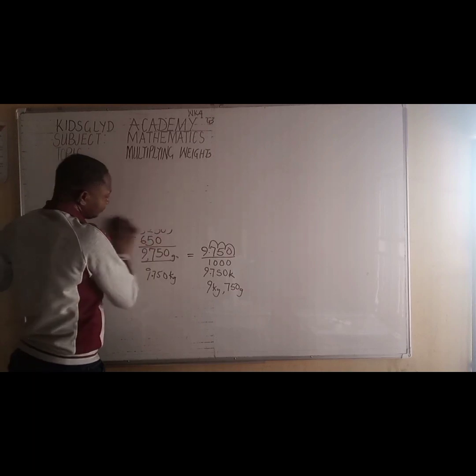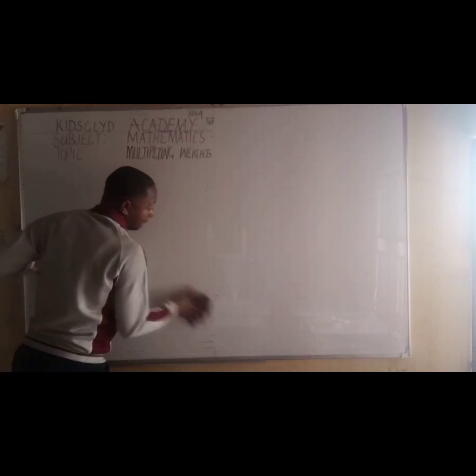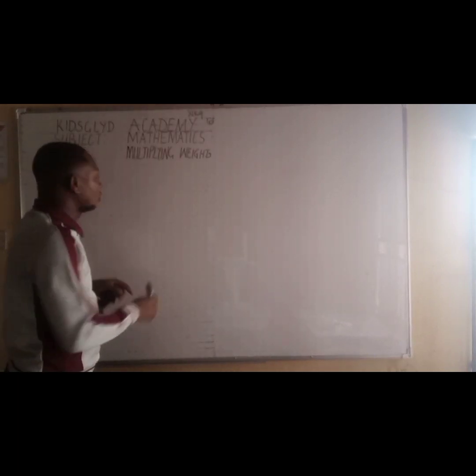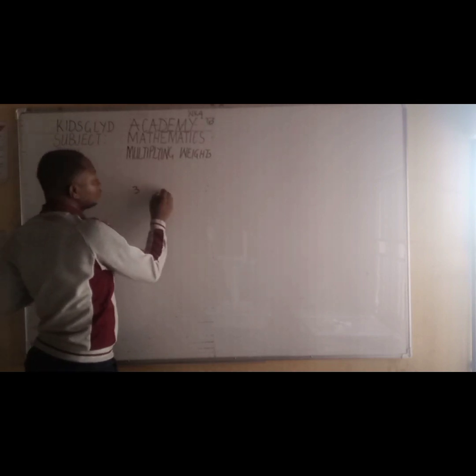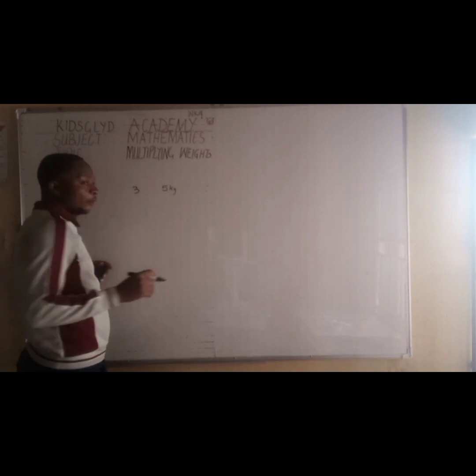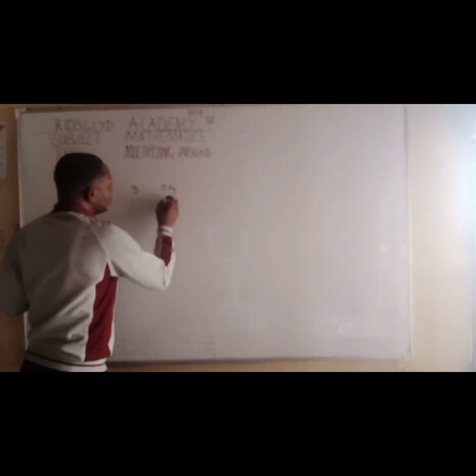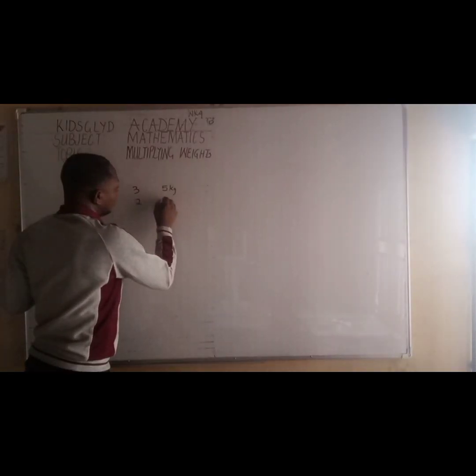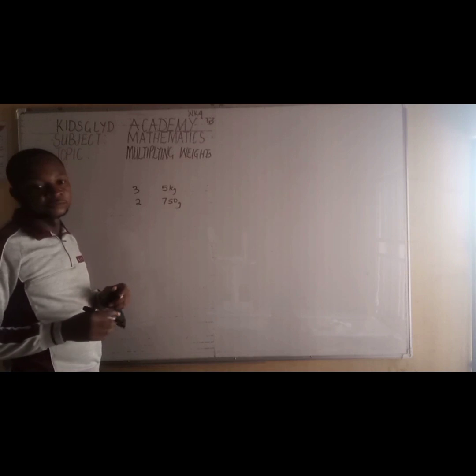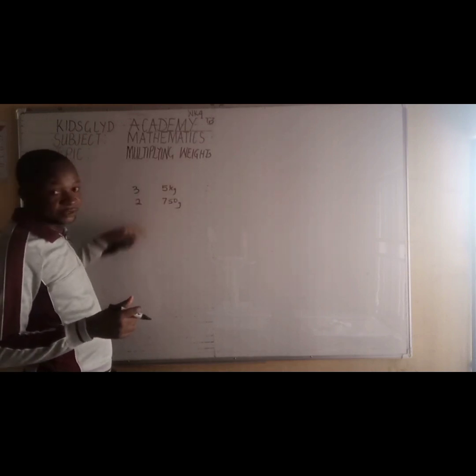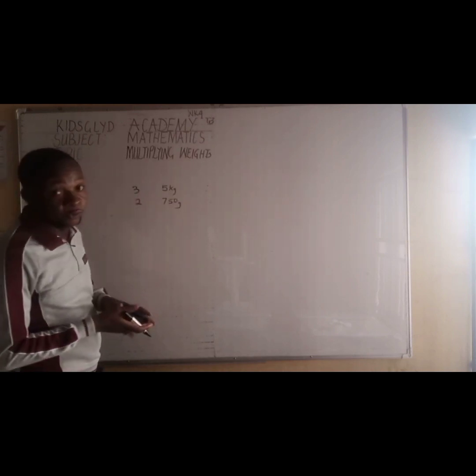Now, we have 3 blocks, each of them that weighs 5 kg, and we have 2 blocks, each of them that weighs 750 grams. Now, if we want to check the total weight, first of all, what are we going to do?